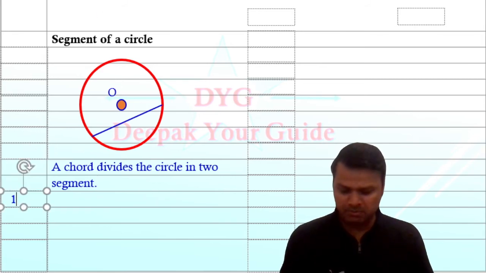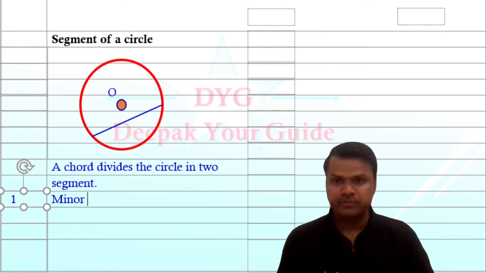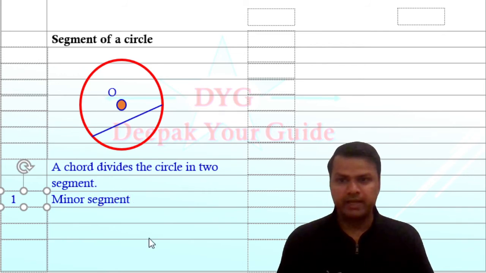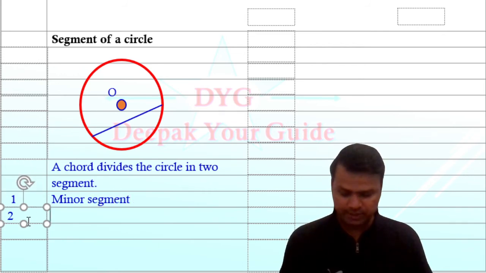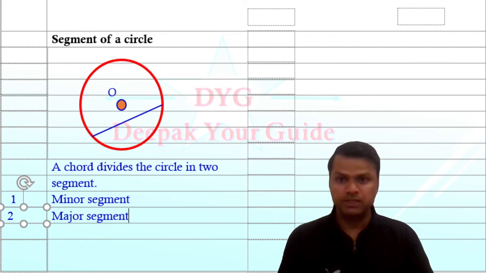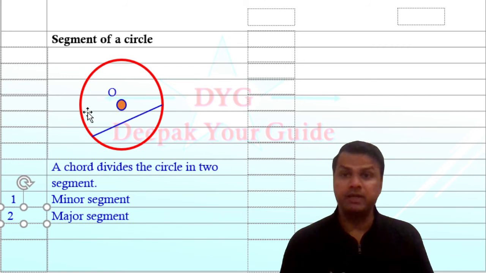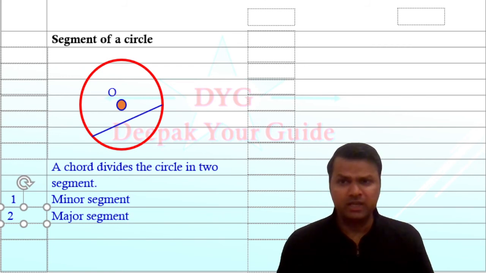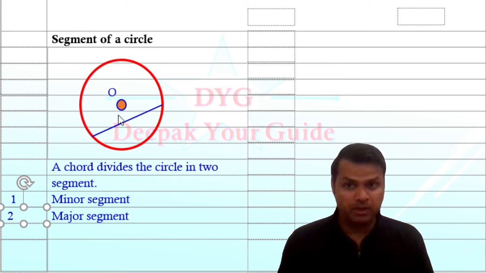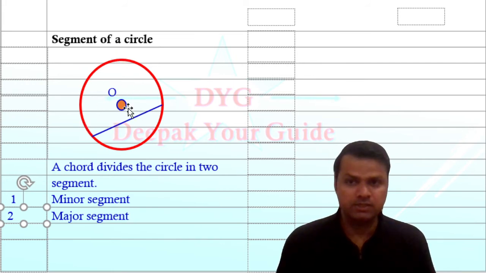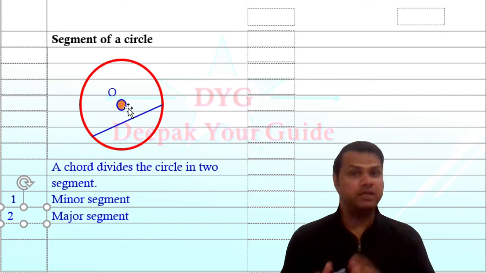One is called the minor segment, and the second is called the major segment. Minor means small part, major means big part. You can clearly see that we have this small portion here, so this is the minor segment, and this is the big part here, which is called the major segment. So minor segment and major segment.